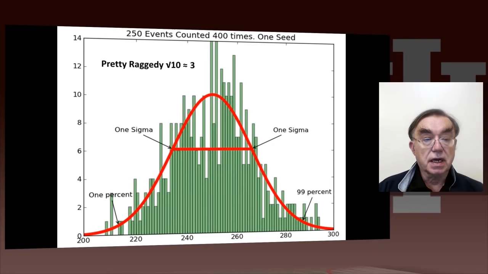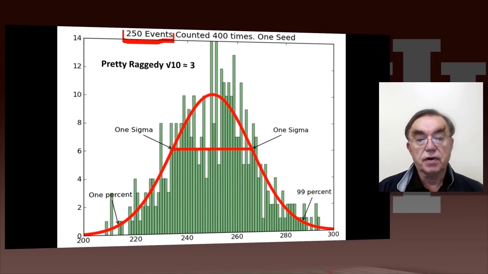This next set of slides, which is the last set, shows what happens when you do smaller experiments. Here, instead of doing 10 million people, we do 100,000 people. So we take 250 events and we count them 400 times. And we'll get this rather raggedy looking graph here.